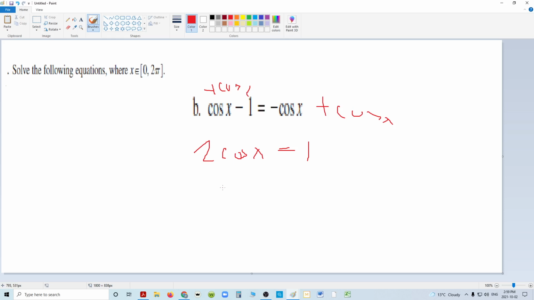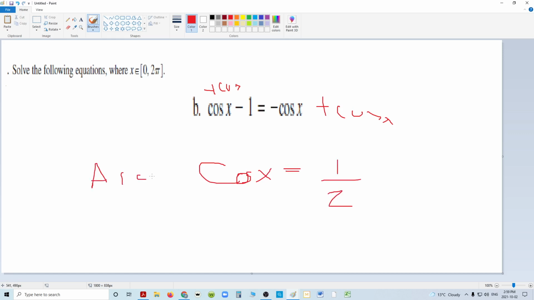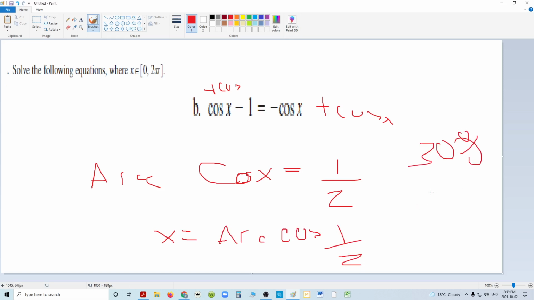And I have to divide both sides by 2, which means cos x is equal to a half. If I take an arc cosine of both sides, I'm left with x is equal to arc cosine of a half, which I believe will be the opposite of 30 degrees in terms of 90 degrees, which will be 60 degrees, which is pi over 6 times 2, which is pi over 3.